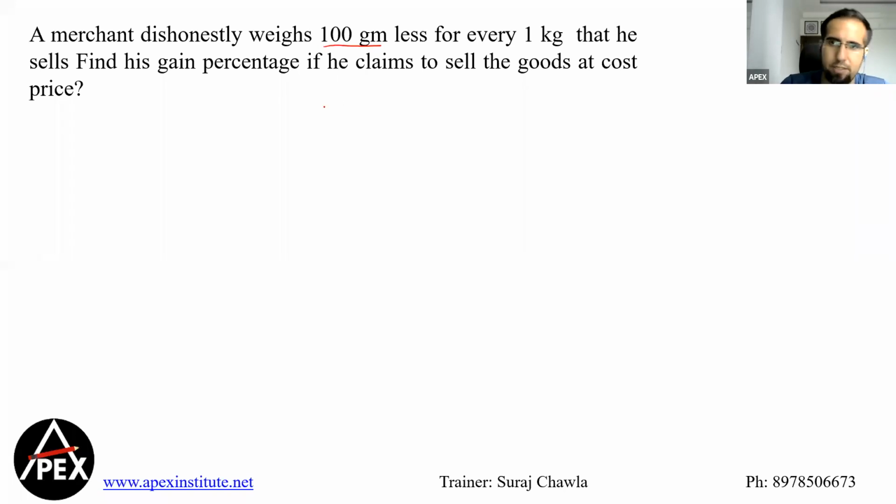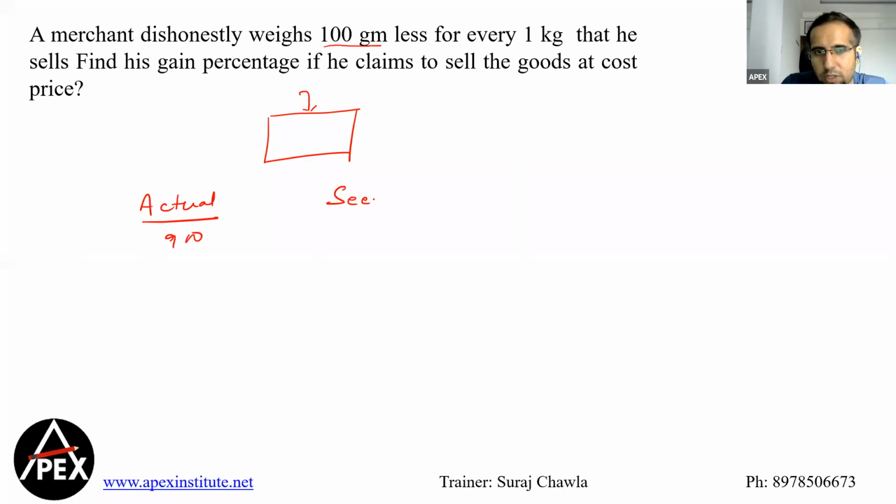On a balancing weight, I actually kept 900 grams, and you are able to see 1000 grams. This is called dishonest selling. Clear? So what is happening?